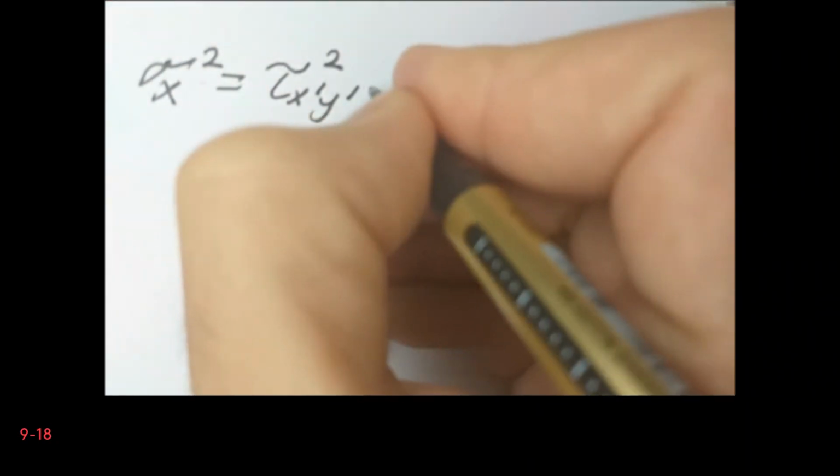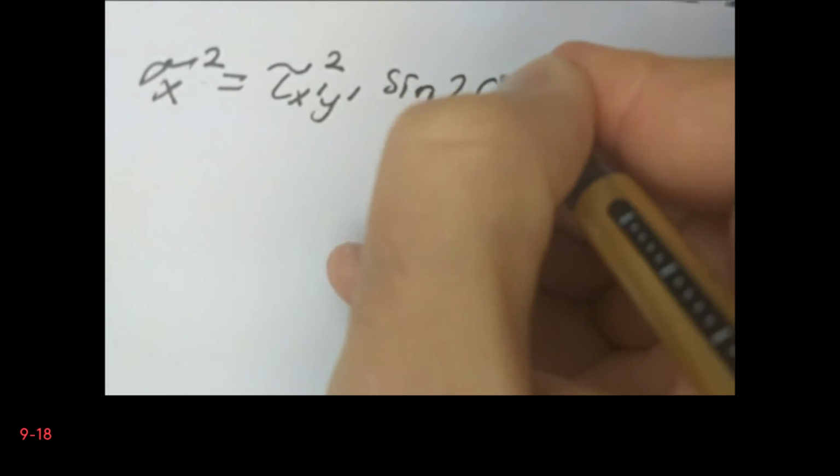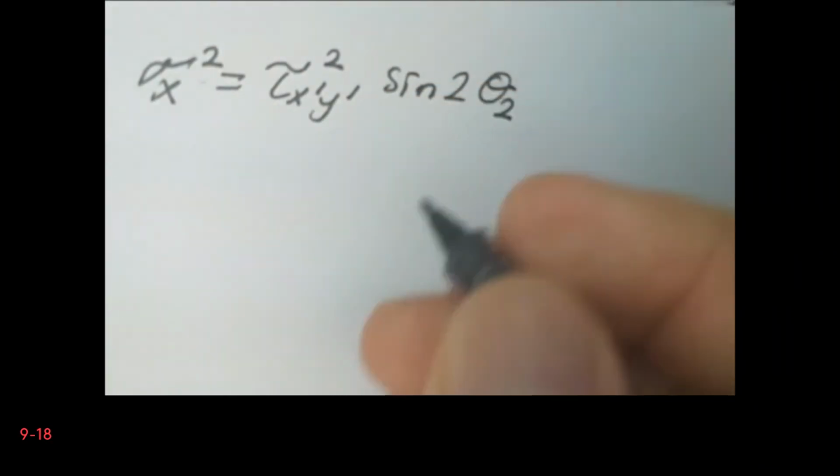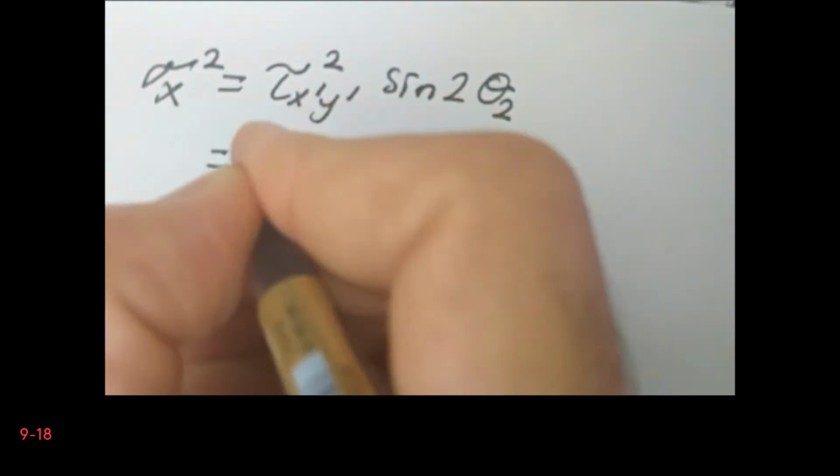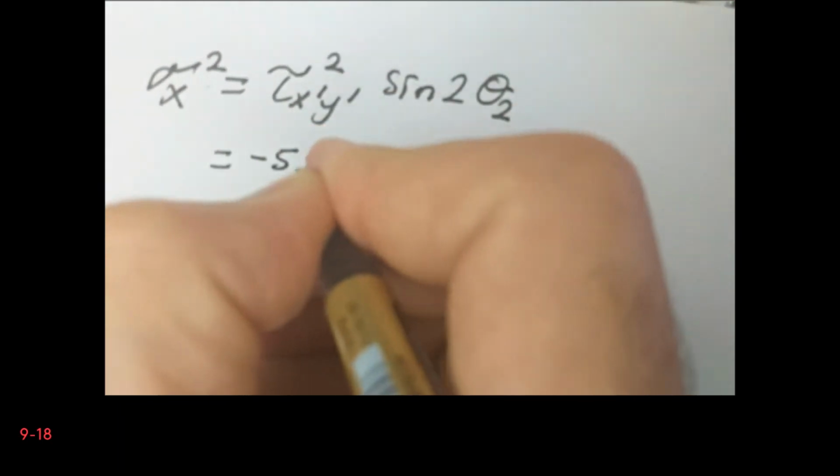Therefore sigma x2 is equal to minus tau x prime y prime 2 multiplied by sine 2 theta 2. So the value is minus 51.961.